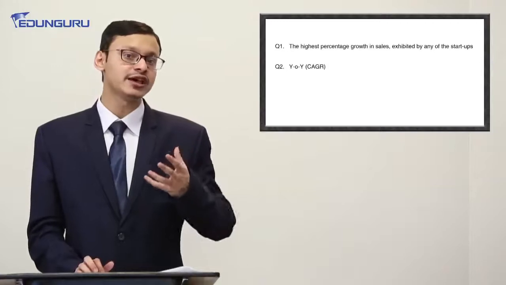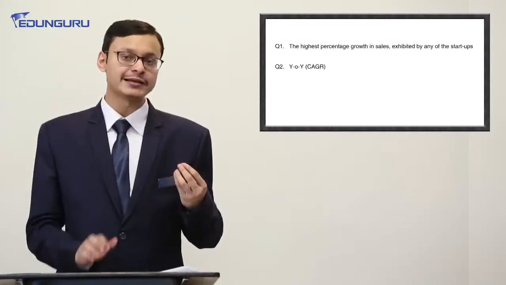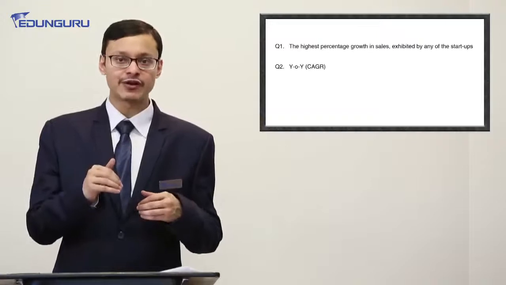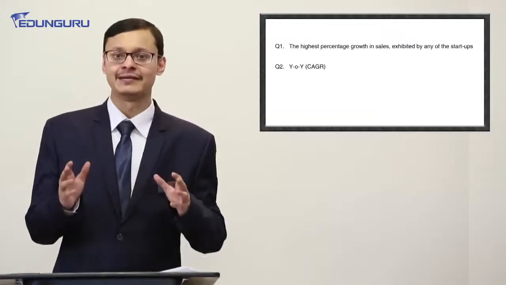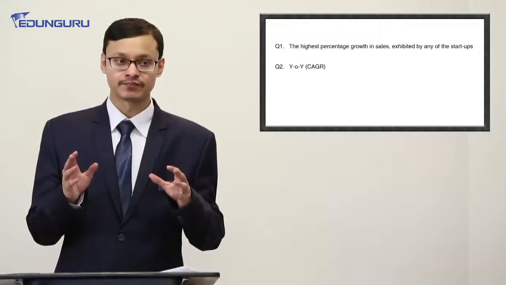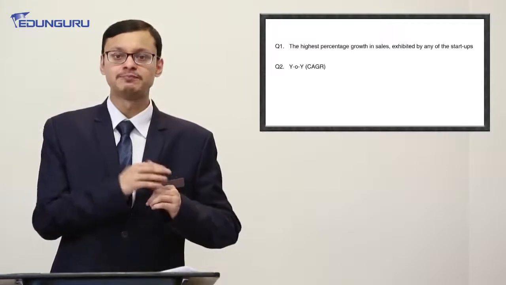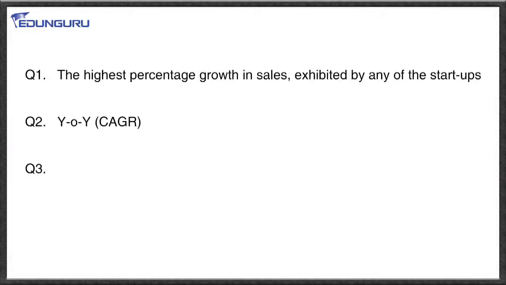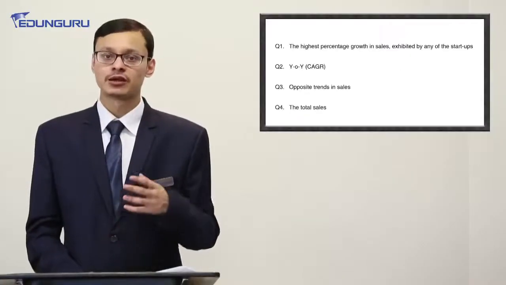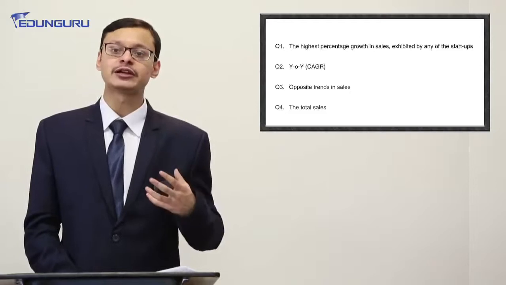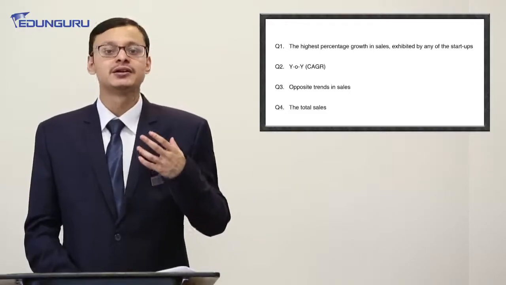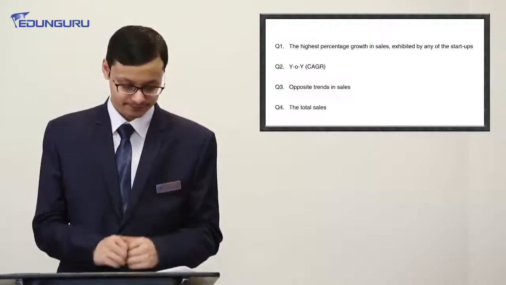If you remember the formula for CAGR, it is the final value divided by the original value raised to the power of 1 by n, where n is the number of years. CAGR is a compounded annual growth, instead of SAGR, which is a simple annual growth. The third one is about opposite trends in sign, and the fourth one is talking about the total sales and the percentage growth, which means a lot of increase or decrease percentage computations need to be done in most of these questions.